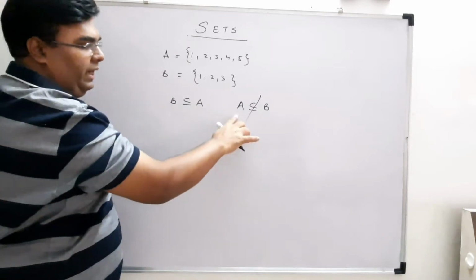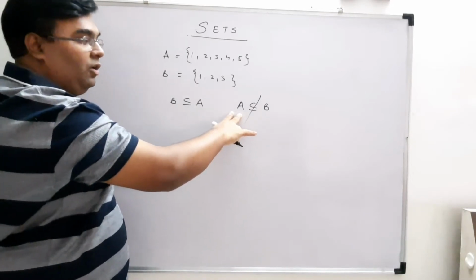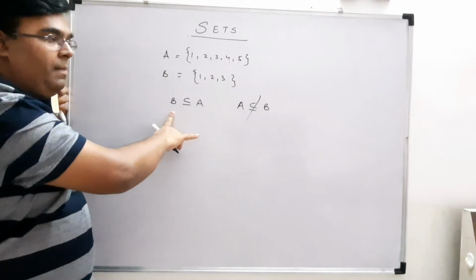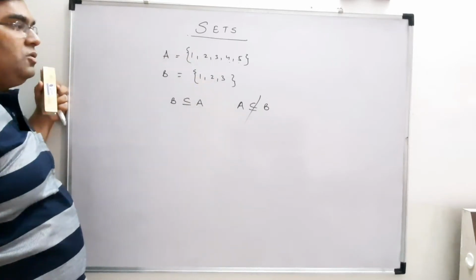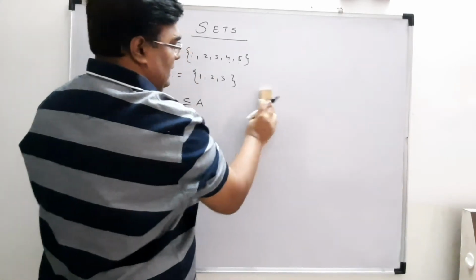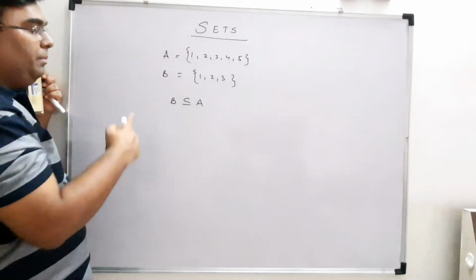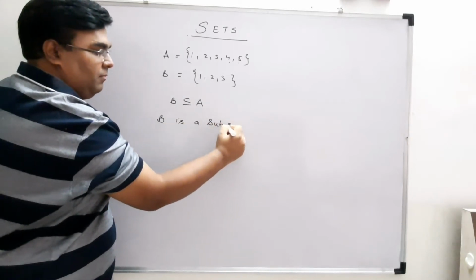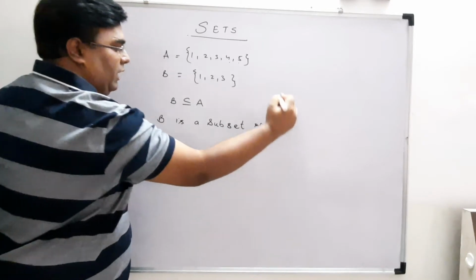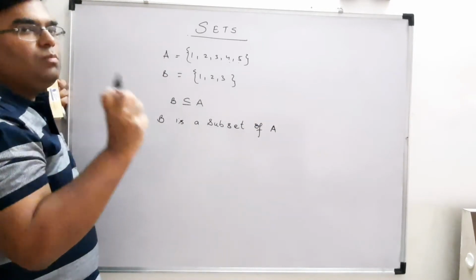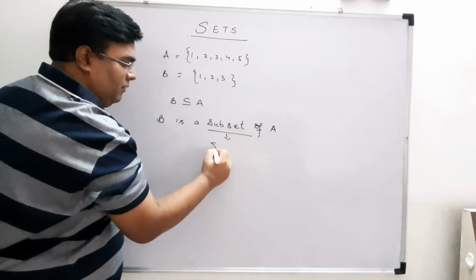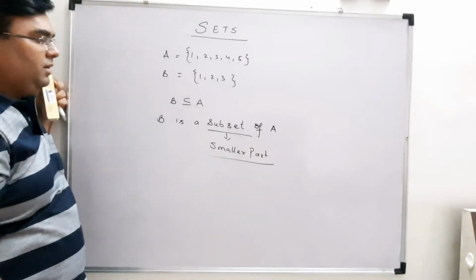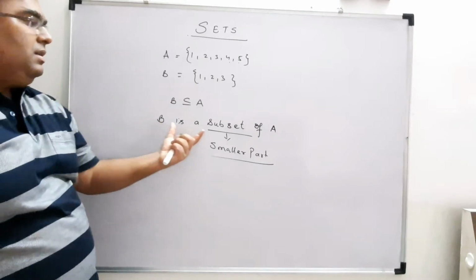All the elements of A are not the elements of B, because 4 and 5 are not a part of B, but all the elements of B are also elements of A. So when such a situation is there, we call B a subset of A. So subset means smaller part. So B is a subset of A.